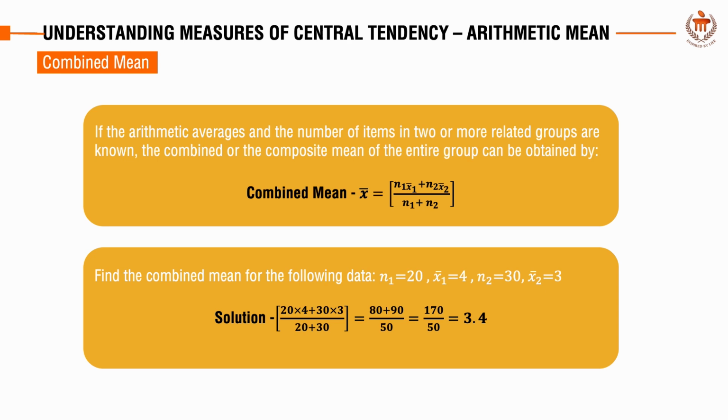So I'll have to find n1 into x1 bar, and then add that to n2 into x2 bar, and then divide by the total number of observations. So when I find n1 into x1 bar, 20 into 4, I get 80, and n2 into x2 bar, 30 into 3, I get 90, and the total number of observations, 20 plus 30, is 50. So the combined mean would be 170 divided by 50, which is equal to 3.4.